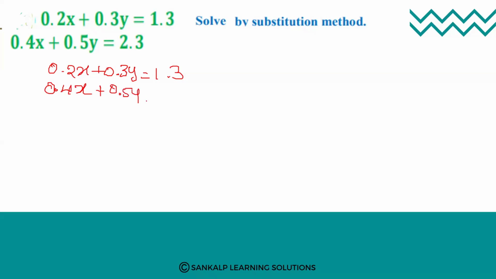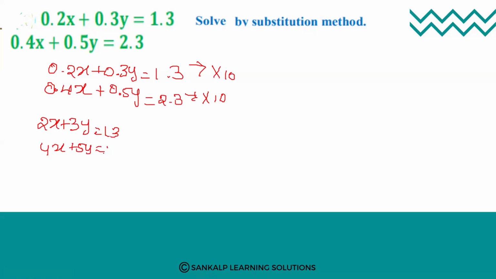So what we will do here, we'll multiply this equation by 10 and here also we'll multiply this equation by 10. Then 10 into 0.2 is 2x. So 2x plus 3y is equal to 13 and 4x plus 5y is equal to 23. Call this equation number 1 and this equation number 2.